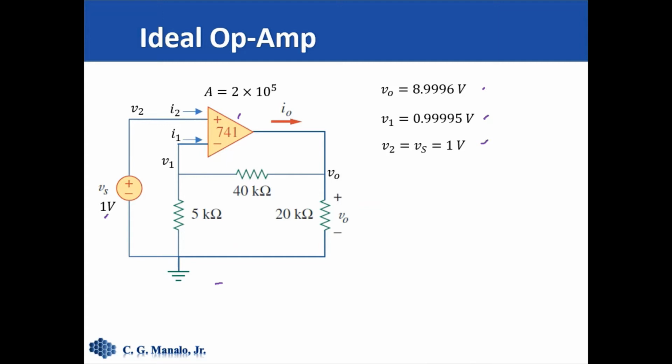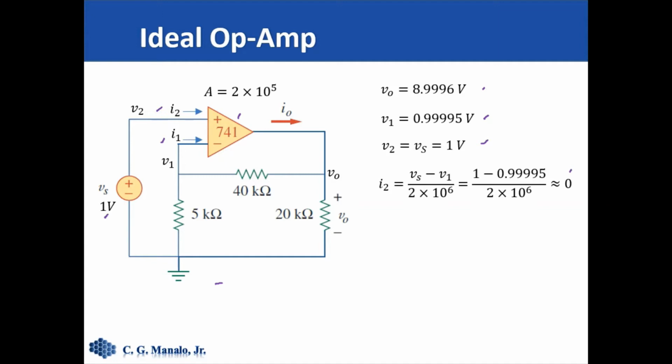Further, we can compute for the currents I sub 1 and I sub 2. So I sub 1 is the current entering the inverting terminal, while I sub 2 is the current entering the non-inverting terminal. So doing that, what we will get is I sub 2 is very close to 0.